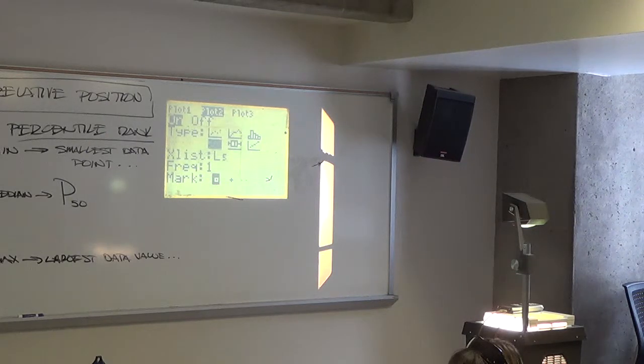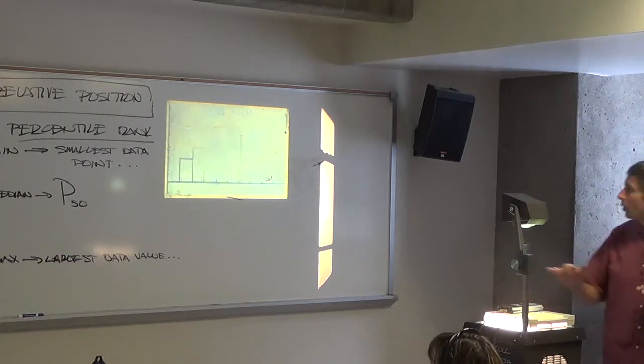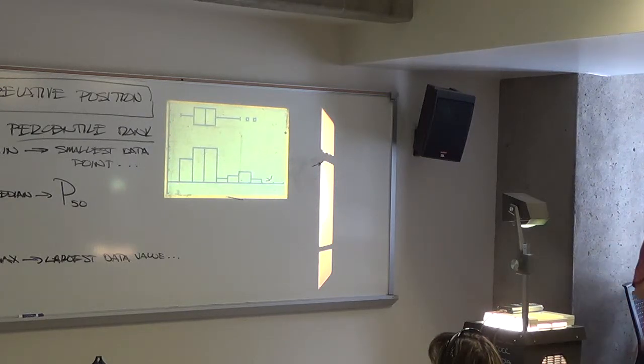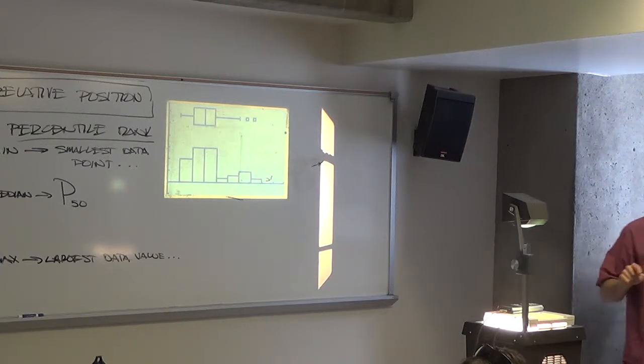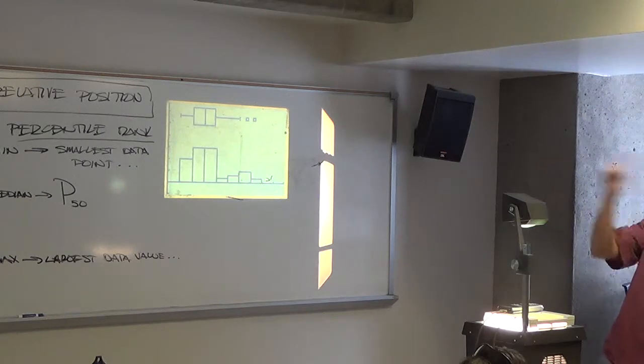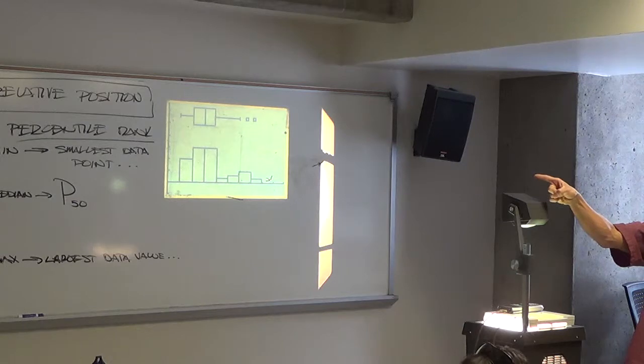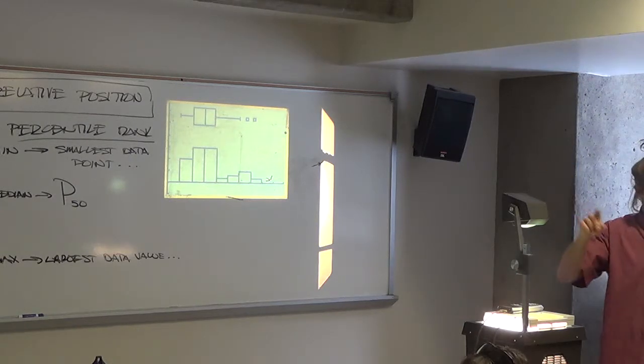If you press graph now, depending on your data set, you might or might not see little boxes on one side or the other. Those are called outliers. Now, don't tell me which of you have it and which of you don't yet. I'm going to try to predict it based on what I see on the screen up here. I think I might be able to if I could do my geometry correct.